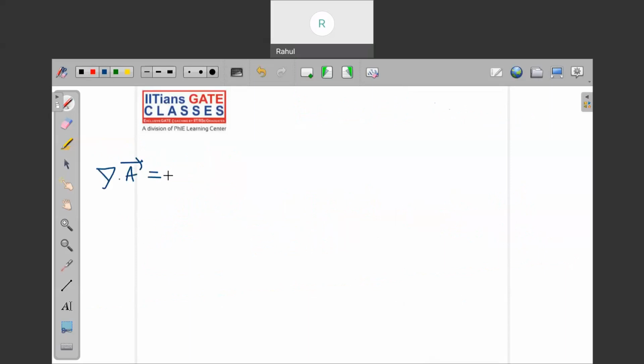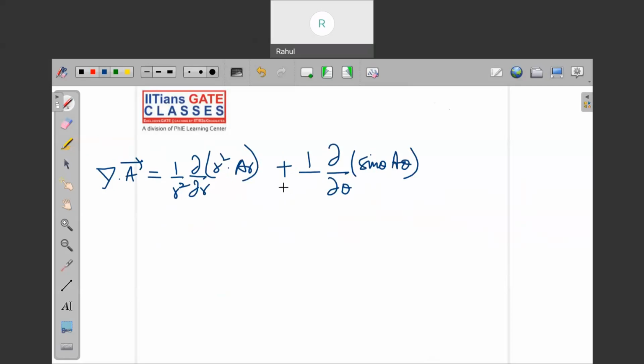You can see here the divergence of A in a spherical coordinate system can be written as r squared A r, just multiply and differentiate with respect to r and divide by r square, plus differentiate with respect to theta, multiply with sine theta A theta, and divide with r sine theta, plus 1 by r sine theta dou A phi by dou phi.